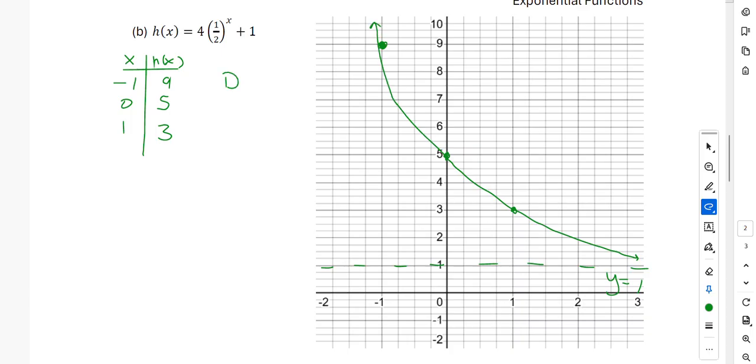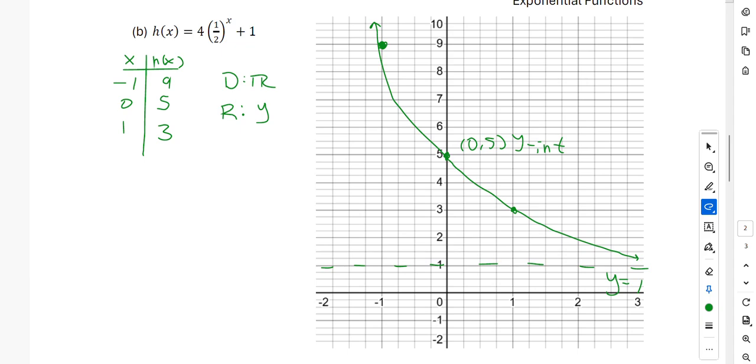So domain, all real numbers. 0, 5 is my y-intercept. You can also point that out in the table. So for this one, what is my range going to be? If I look at the graph, give me the first part.